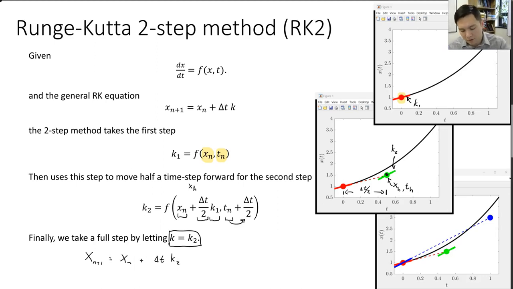So graphically, this takes us back to our xn tn state at our red dot, but now we're moving a full time step from 0 to 1 at a slope angle of k2.